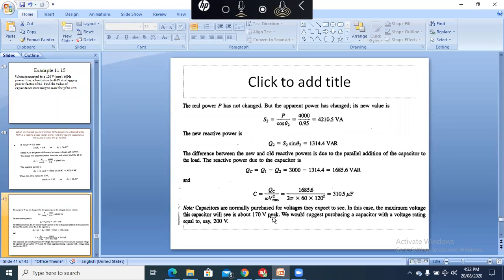So for the safer side, we choose the capacitor for a voltage rating of 200 volt. So that's the brief introduction about the complex power triangle, and the power factor improvement method by installing a capacitor of suitable capacity, suitable value, and voltage rating.